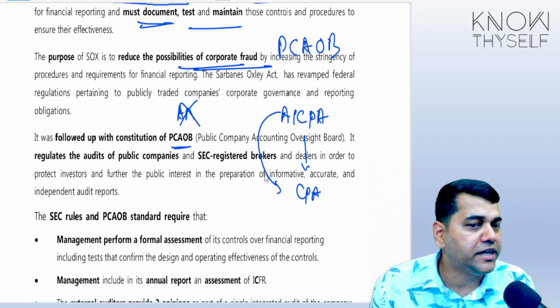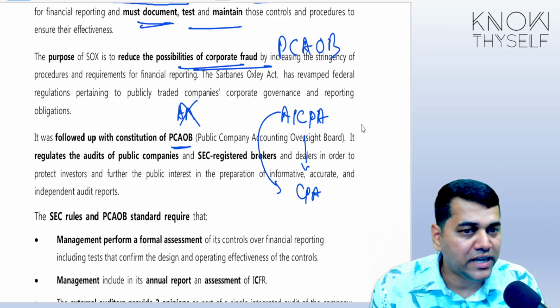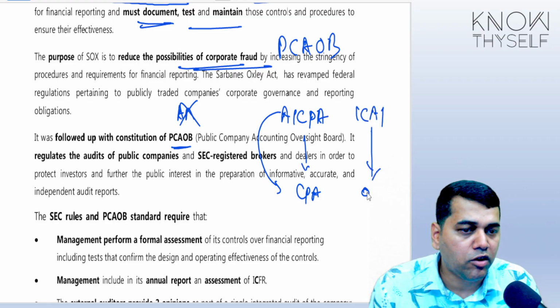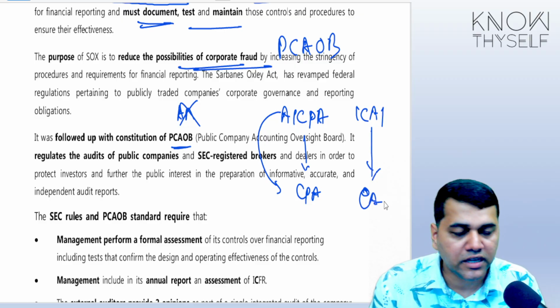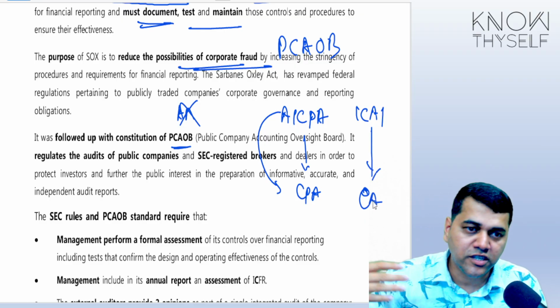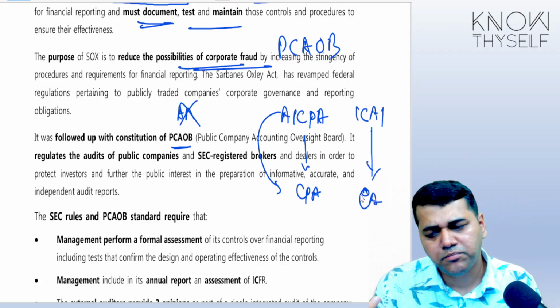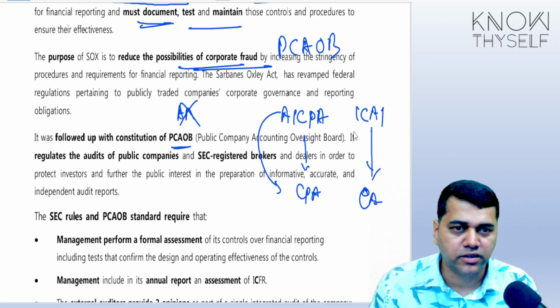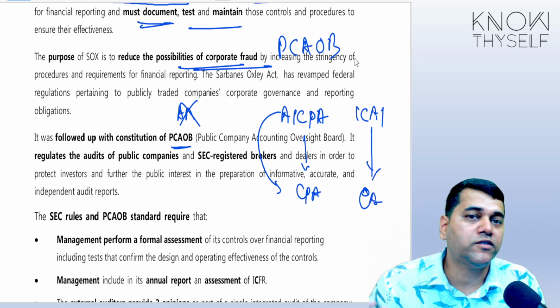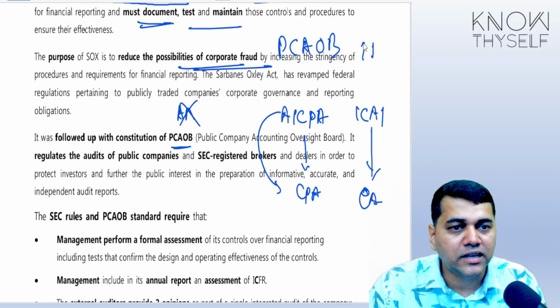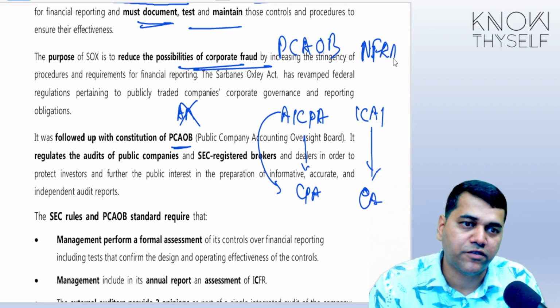Same thing happened in India also. In 2018, see, ICAI is the disciplinary mechanism for all CAs in India. You agree? Till now, from 1949, ICAI used to take up all the disciplinary cases against the chartered accountants who have professional misconduct. But in 2018, after the Nirav Modi fraud happened, NFRA came into the picture.